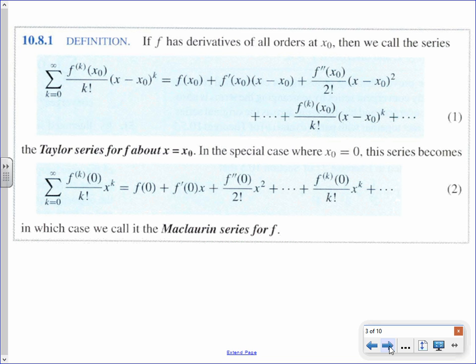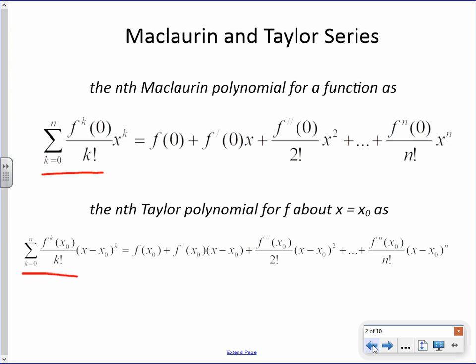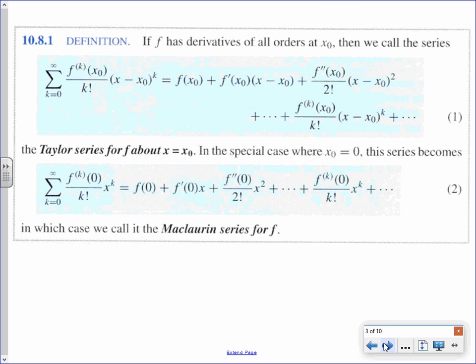Before, we were stopping at n. For a series, it's an infinite series. We want to go to infinity. So erase the n, write infinity. Then write plus dot dot dot.